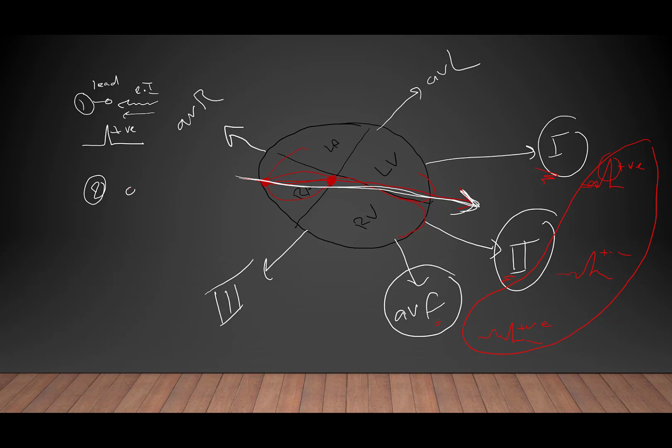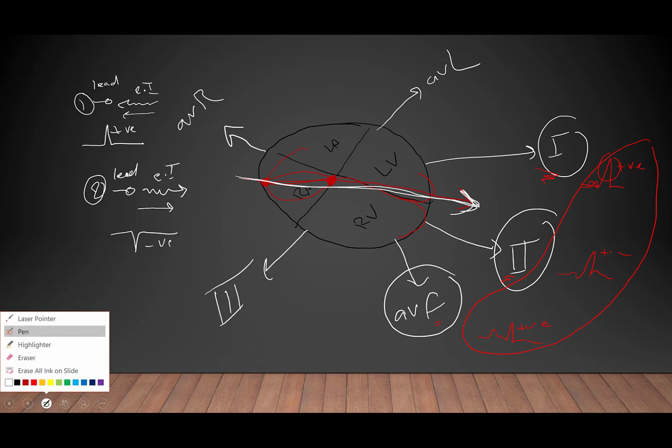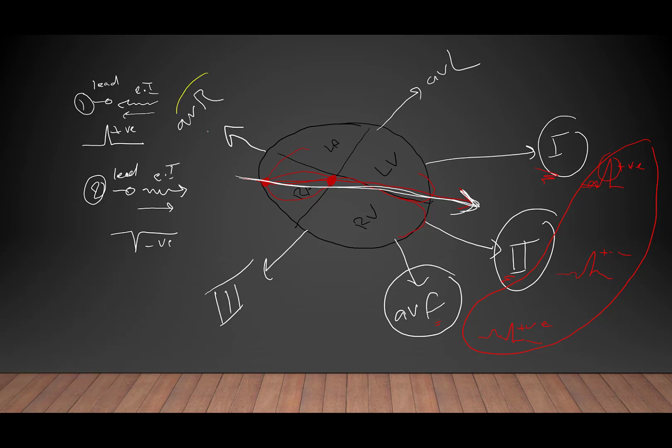If the electrical impulse is away from the leads, it causes a negative deflection, as we see here in the AVR. Why? Because the electrical impulse is totally away from the AVR, so it causes a totally negative deflection in the AVR.